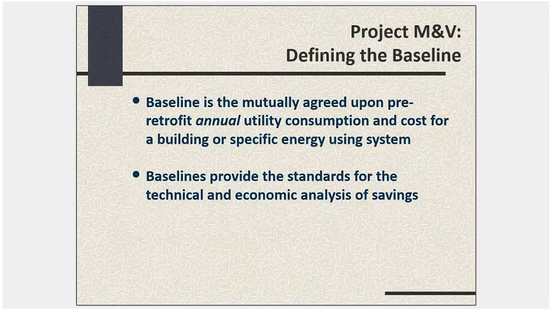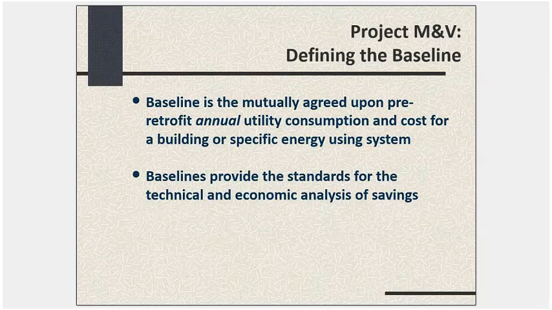So the heart and soul of M&V to some extent is the baseline. And the baseline is that mutually agreed upon pre-retrofit annual utility consumption and cost for either the building or a specific energy using system in it. And in the case of this project, I think in the vast majority of cases, this is going to be specific energy using systems or equipment. It's important to get this right. Why is it important?